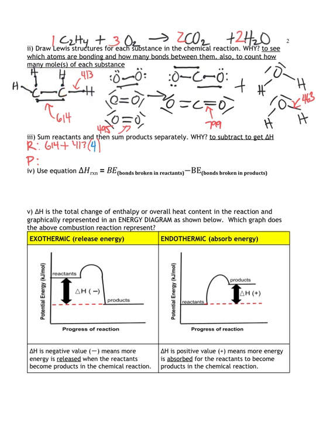And then I'm going to continue on adding the 495 times 3 in the end. I'm going to put the 3 there because there's 3. 1, 2, 3. So now I tally up my value and get my total sum of the bond energy of my reactants.